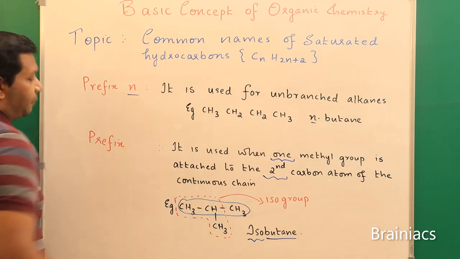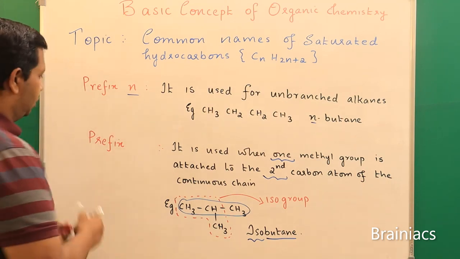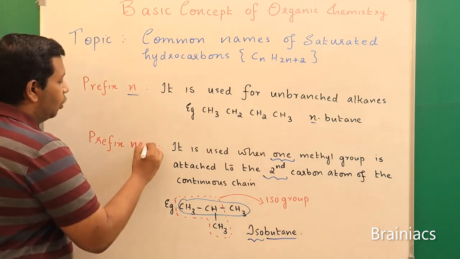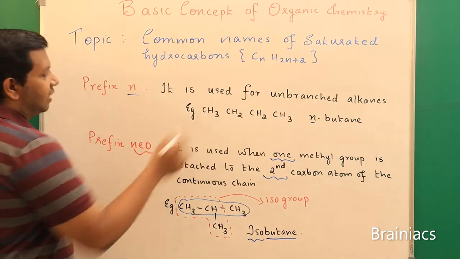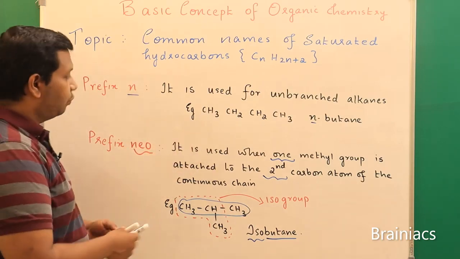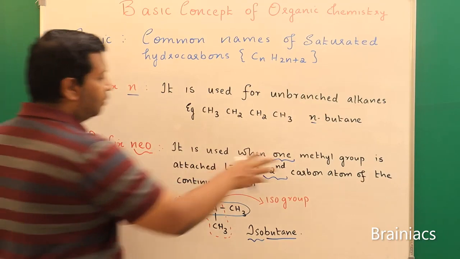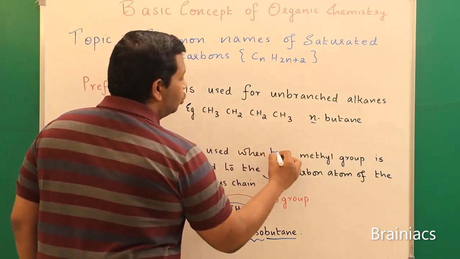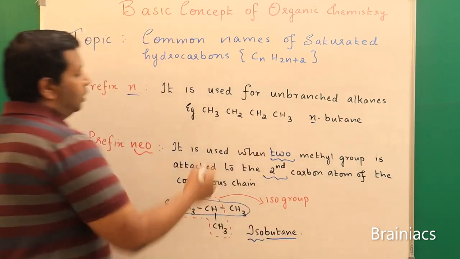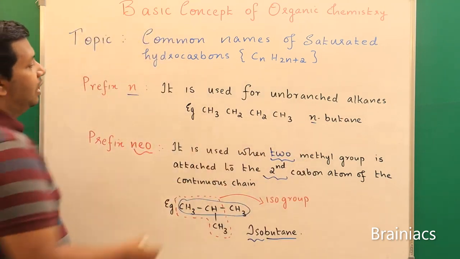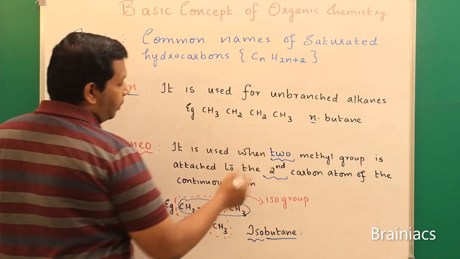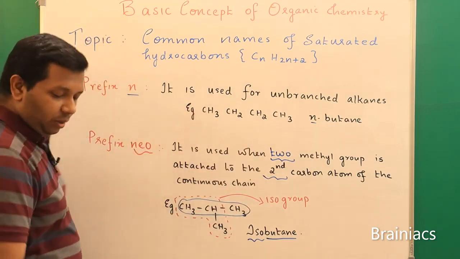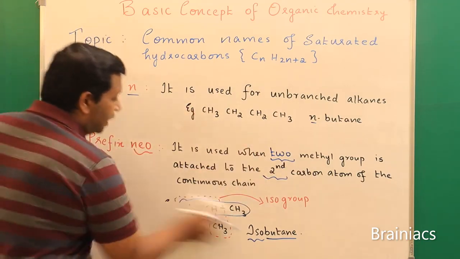So if I say prefix neo, when is it to be used? Listen. Prefix neo is used when, instead of one methyl group, we have 2 methyl groups. So it is used when 2 methyl groups are attached to the second carbon atom of the continuous chain. I can give you another example for that.